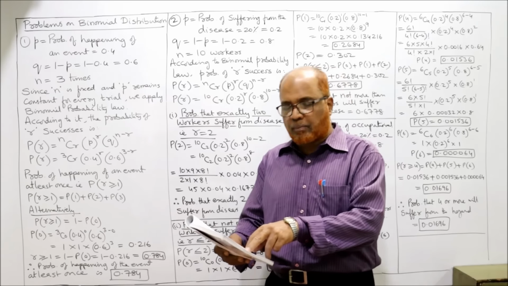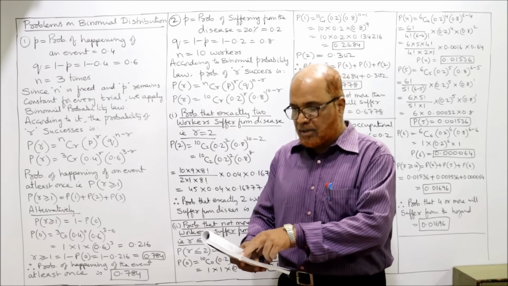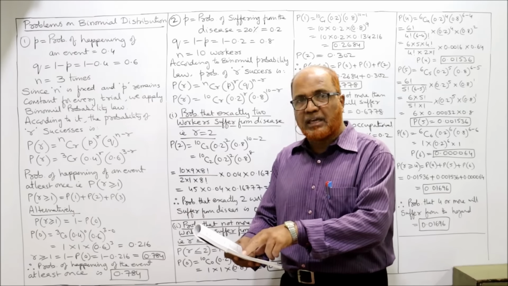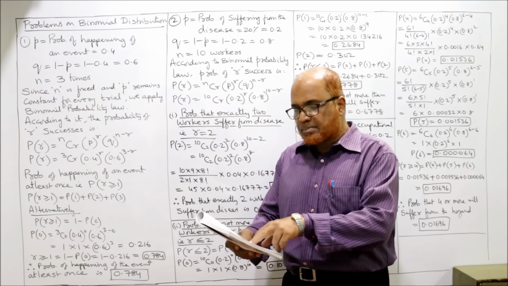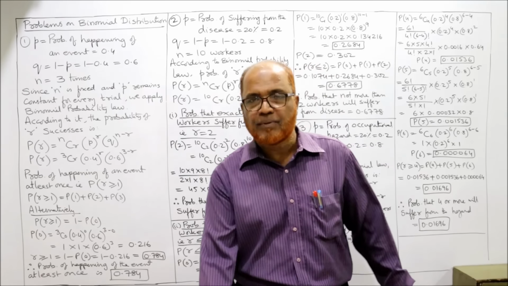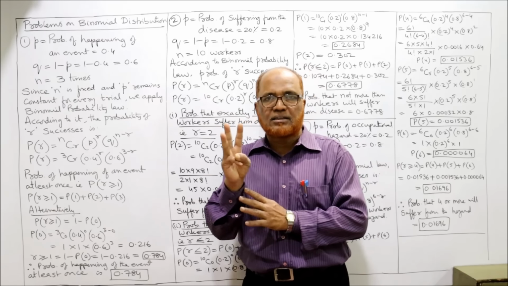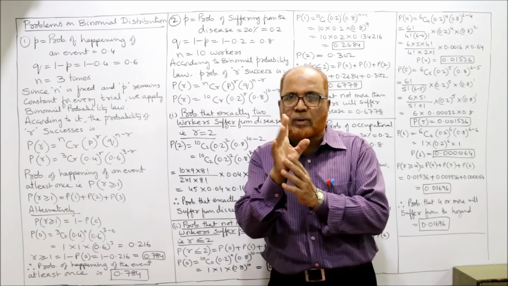So in our first problem, the probability of happening of an event in an experiment is 0.4. Find the probability of happening of the event at least once, that is, minimum once, if the experiment is repeated 3 times under similar conditions. If the experiment is conducted 3 times, what is the probability of the event happening at least once?